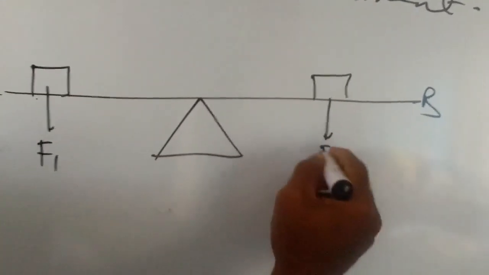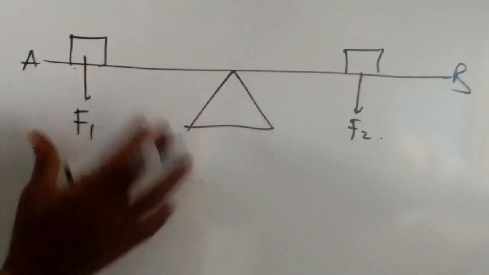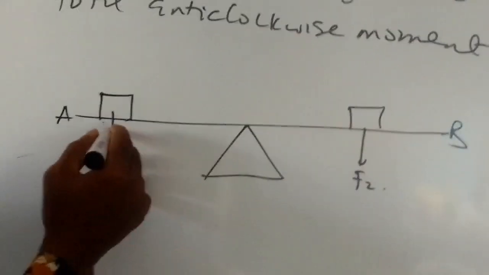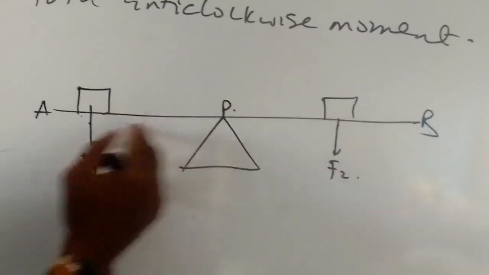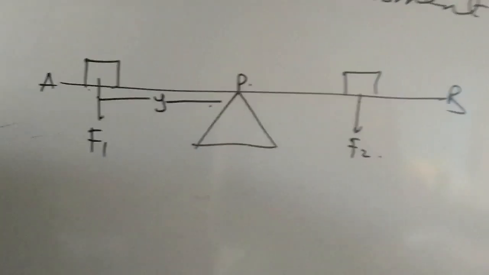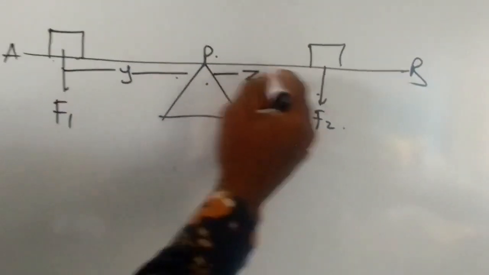We call that force F2. Adjust it along this axis until the body comes up again. Now let the distance between the point of pivot and F1 be equal to y. Then the distance between F2 and the pivot is equal to z.